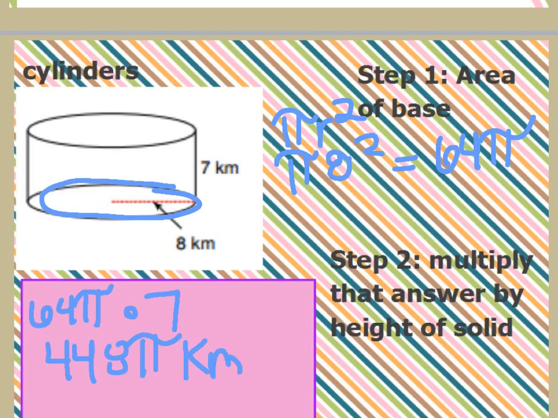Now, if I said to approximate this answer, you've got to plug in 3.14 as pi and multiply it by 448. So this is approximately 1,406.7 kilometers. That's the space inside of that cylinder.